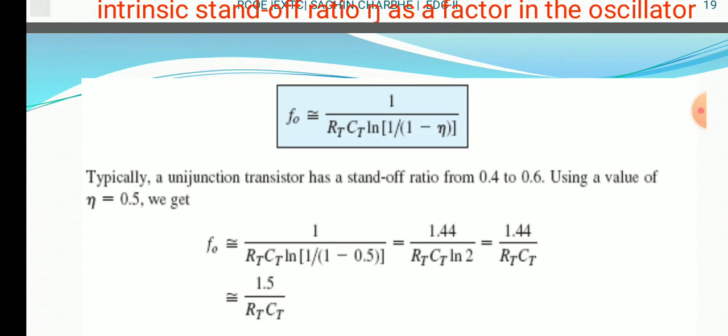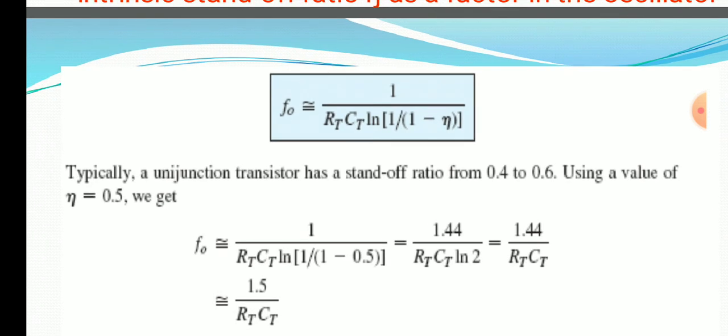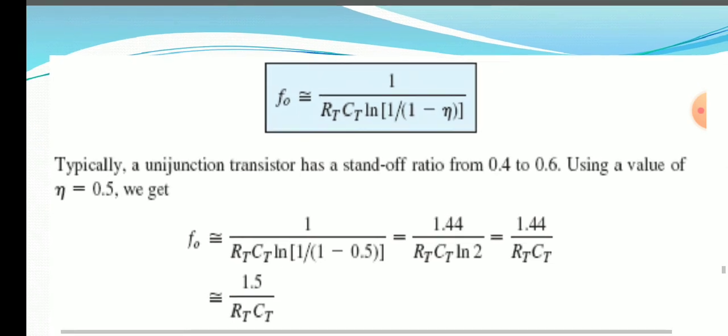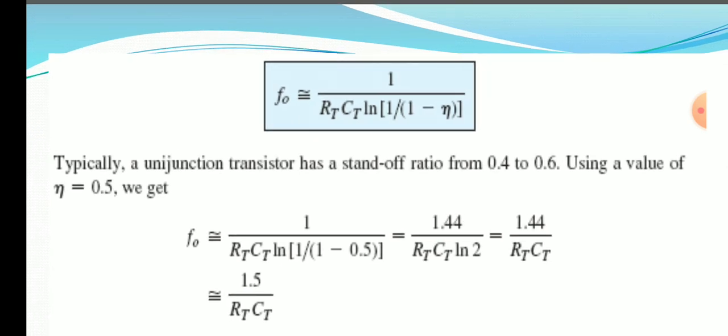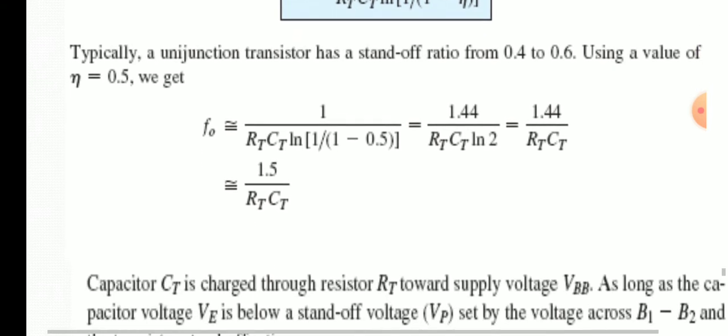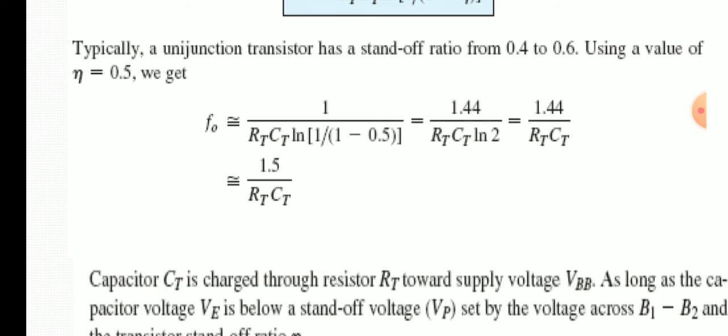Typically a unijunction transistor has a stand-off ratio of 0.4 to 0.6, say eta is 0.5. So frequency equals 1 by RTCT ln 1 by 1 minus 0.5. If you put the value of eta as 0.5, finally we get 1.5 by RTCT.